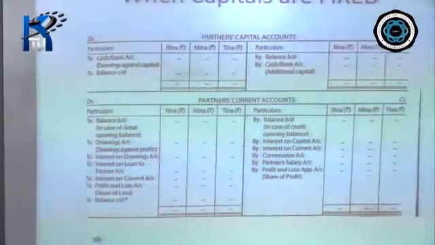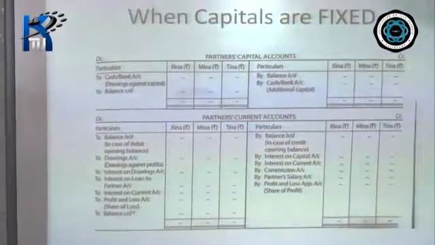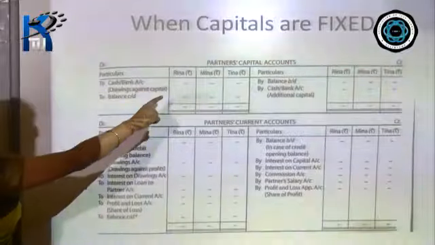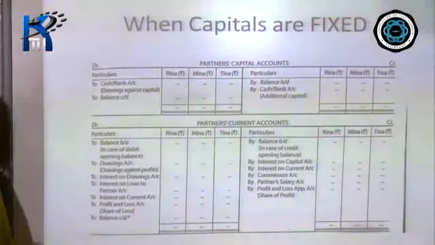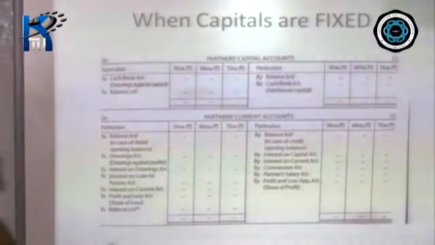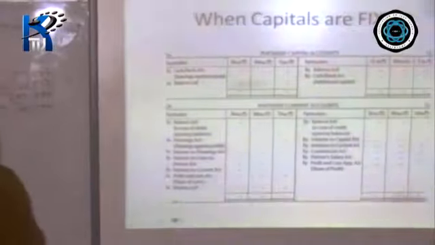So, to cash means the withdrawals done by A and B from the business. A has withdrawn 10,000, B has withdrawn 5,000. It would come as to cash 10,000 and 5,000, and ultimately whatever is the balance left, you will balance the account, and that would be the closing capital of the partner.